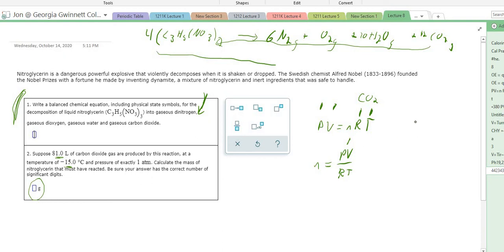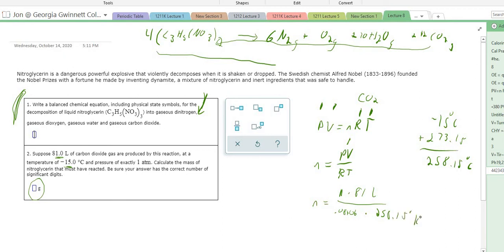Okay, so let's just do the one conversion that we have to do here. I have minus 15 degrees C. If I convert that into Kelvin by adding 273.15, that should give me 258.15 Kelvin. All right, so let's plug everything in here. n equals pressure, 1 atmosphere, times 81 liters, divided by R, 0.08206, times our temperature, 258.15 Kelvin.